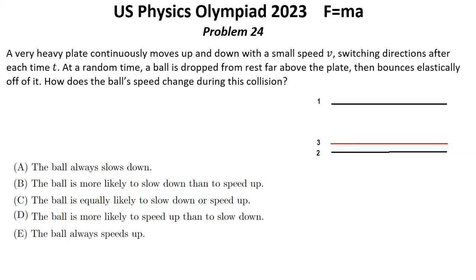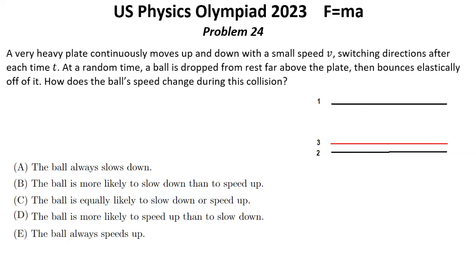So let's see what happens when the ball reaches position 1. In that moment, if the plate is somewhere between 1 and 3, the ball will reach the plate during the time when it's going down.